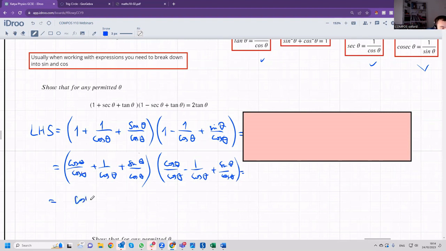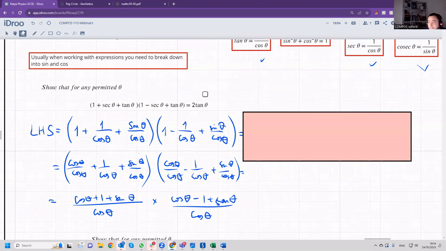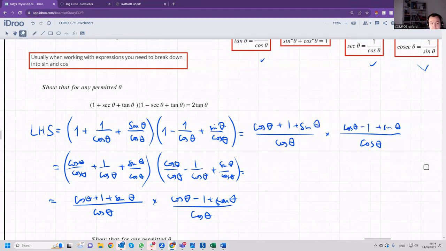I have cos theta plus 1 plus sine theta over cos theta, multiplied by cos theta minus 1 plus sine theta over cos theta. Is this clear now? And that's what I had.